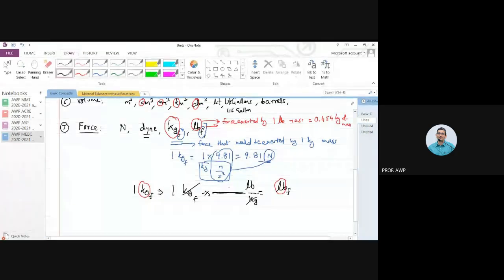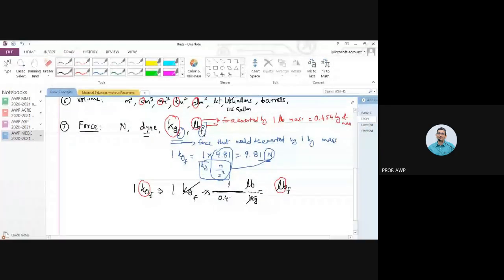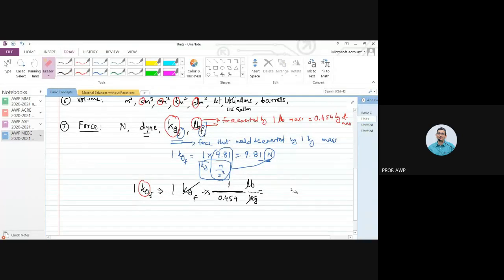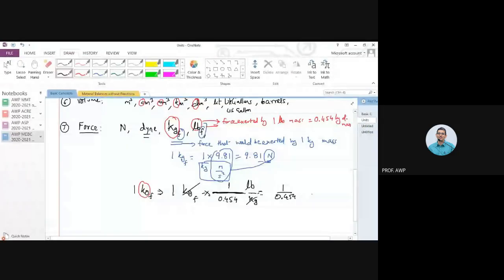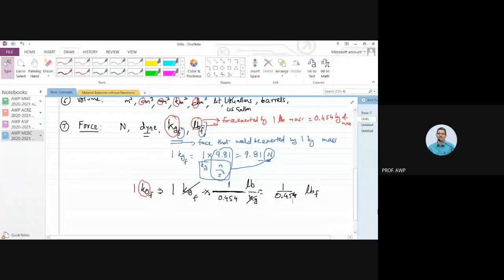So 1 pound is 0.454 kgs. Okay. So 1 kg force would be 1 divided by 0.454 pound force. Do you agree? Is that clear now? Yes, sir.